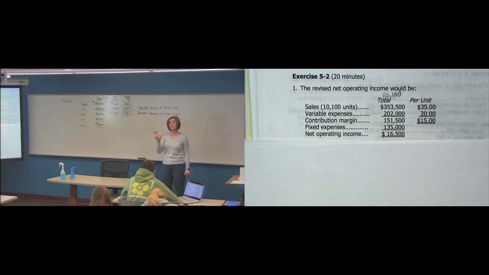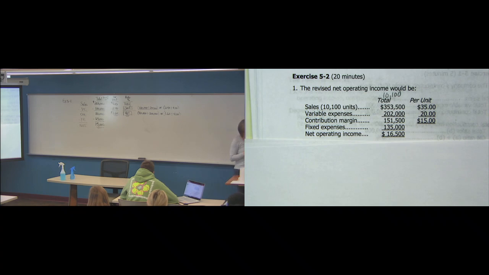So it becomes a new fixed amount for the next 12 months, right? So it's not that your fixed expenses can't change, it's just they're not going to change because you sold more or less. Your sales and your variable expenses will change because you sold more or less, but not your fixed expenses. They're not based on level of activity. Does that make sense? So it isn't that we can't have a change in fixed expenses, okay?